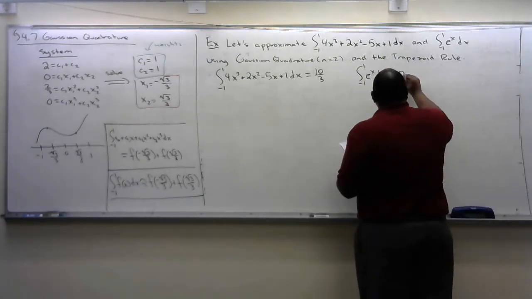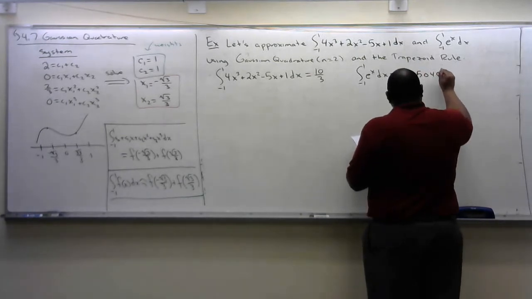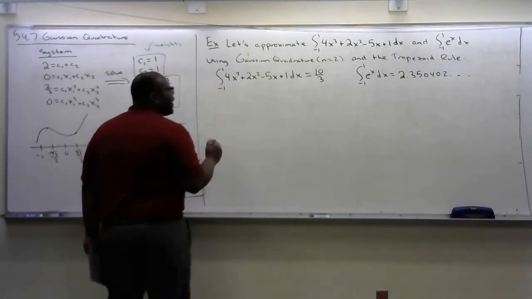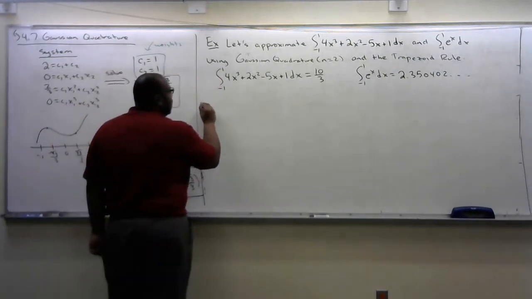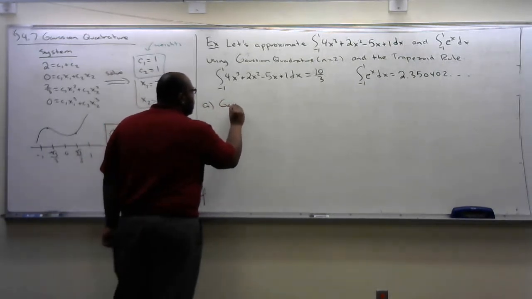It's about 2.3504002. And it keeps on going. Okay. So now we know what the exact answers are, right? So let's look at A. Well, there is no A, but we'll just say, what do we get for Gaussian quadrature when we do it?